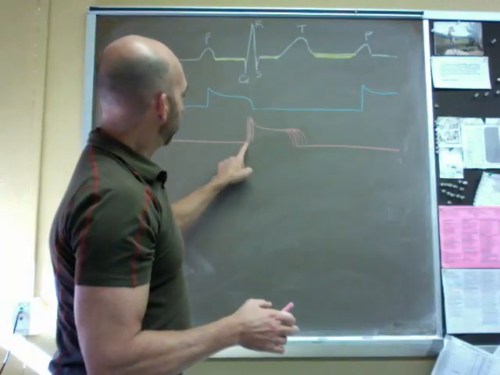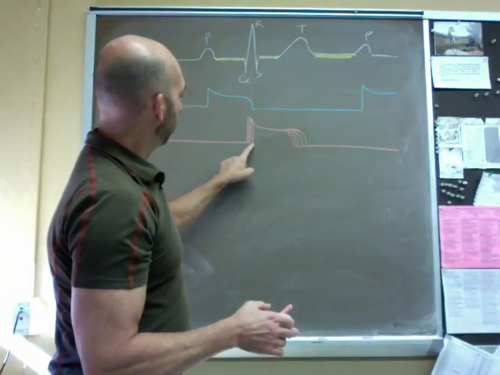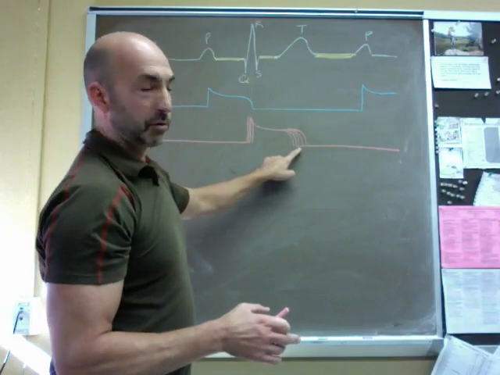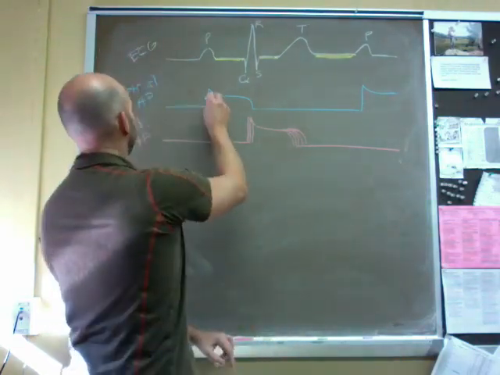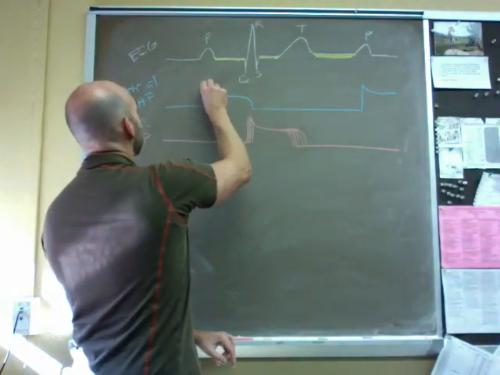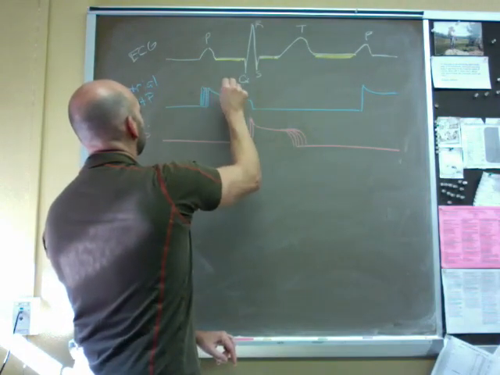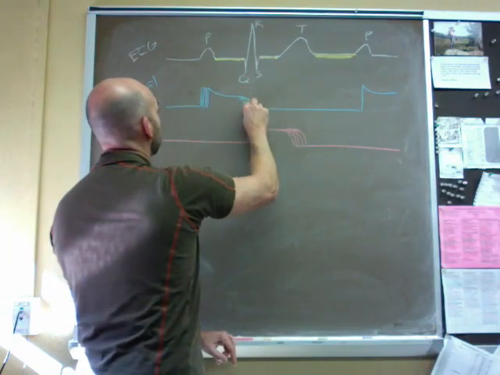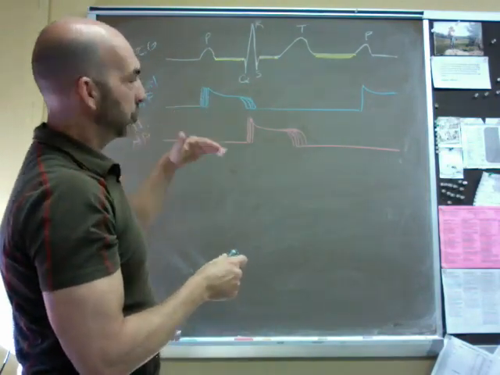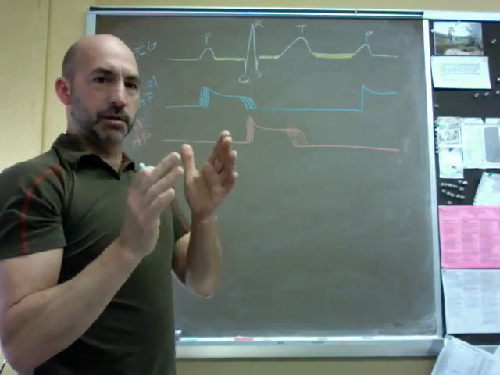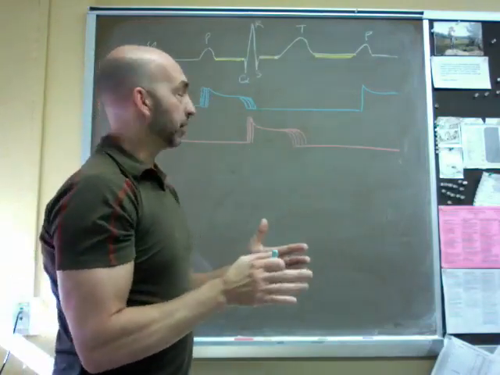So we have some that are depolarizing early and then a few that are depolarizing later. Same thing with repolarization. That's actually even more spread out. I'll do the same thing up here in the atria, with atrial cells. Again, those are superimposed action potentials, just some a little bit earlier and some a little bit later.